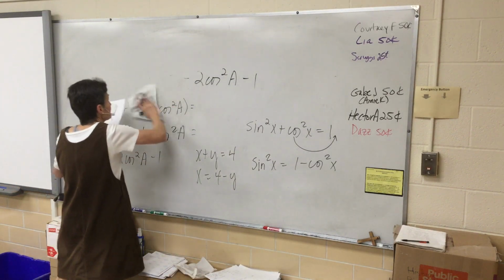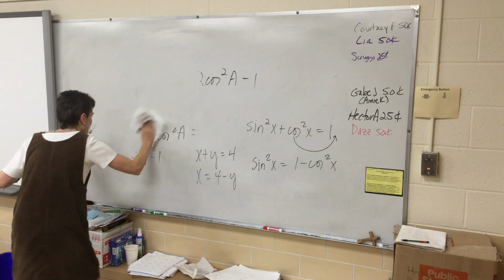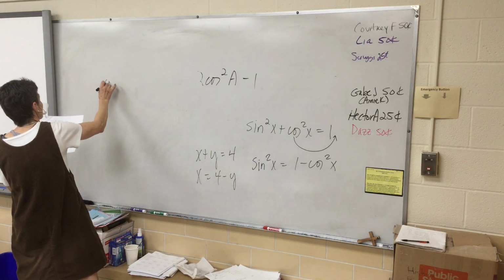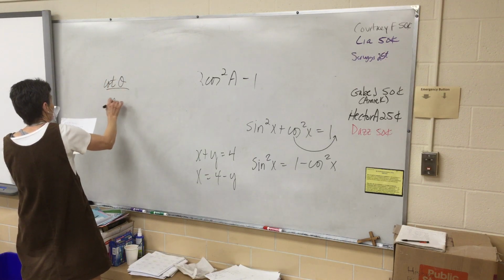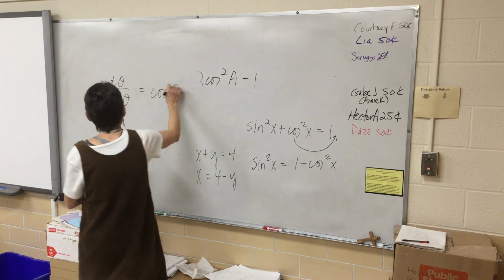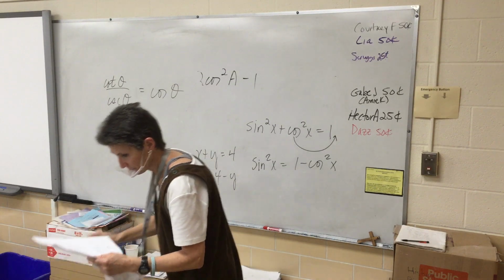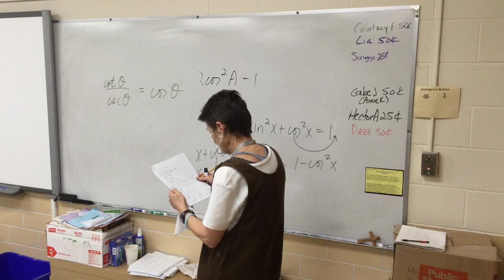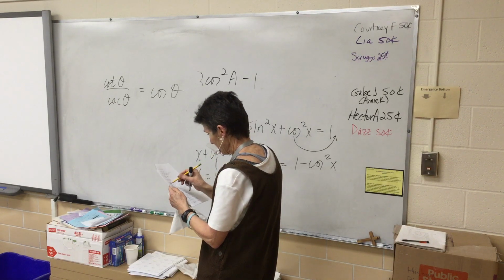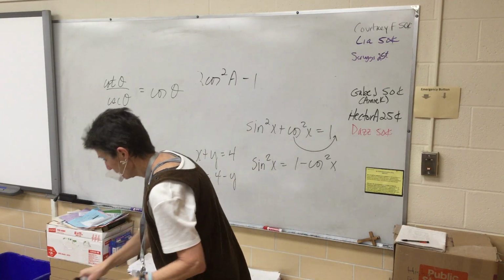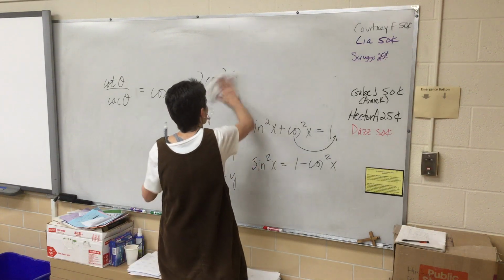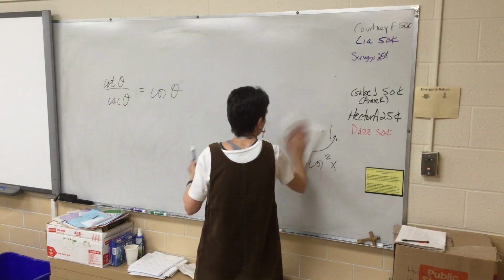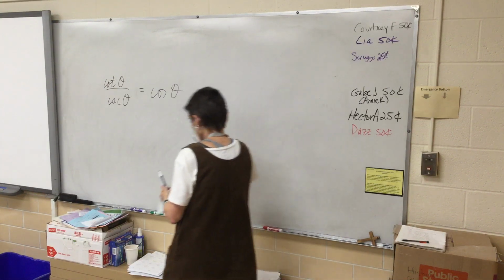We'll make it real quick here. We'll make it an easy one. What about this? Okay, that is a really small one. What about that? What occurs to you on this one? Change cotangent. And what are you going to change cotangent into? Cosine over sine.